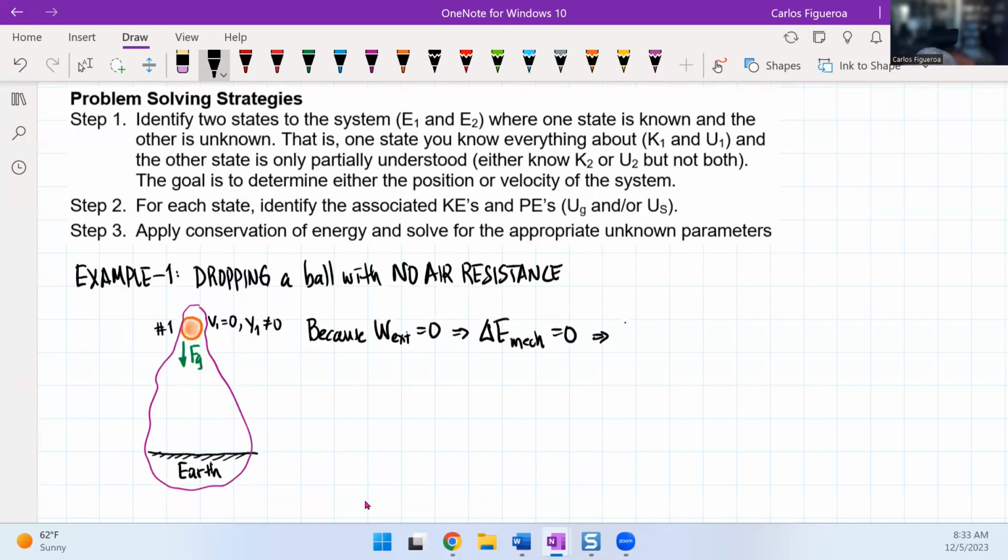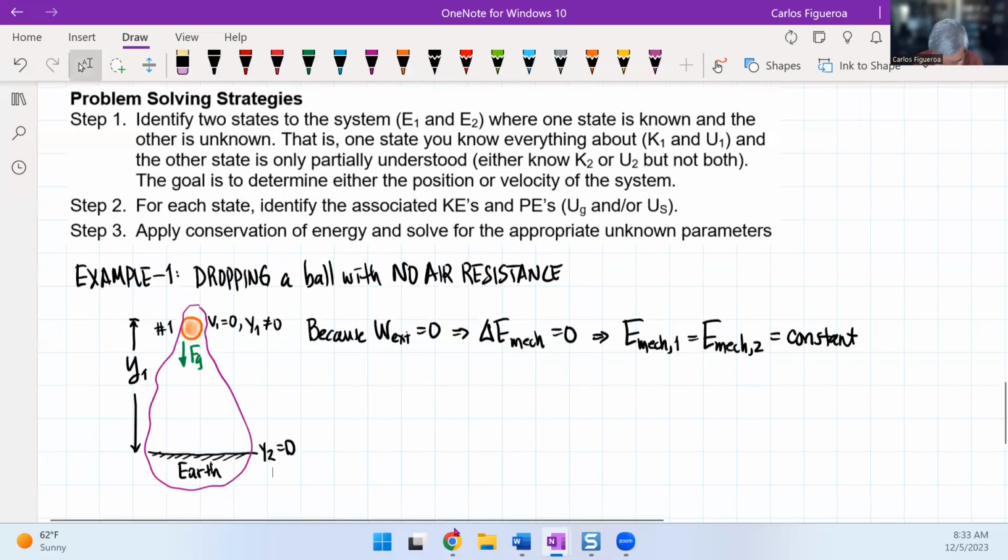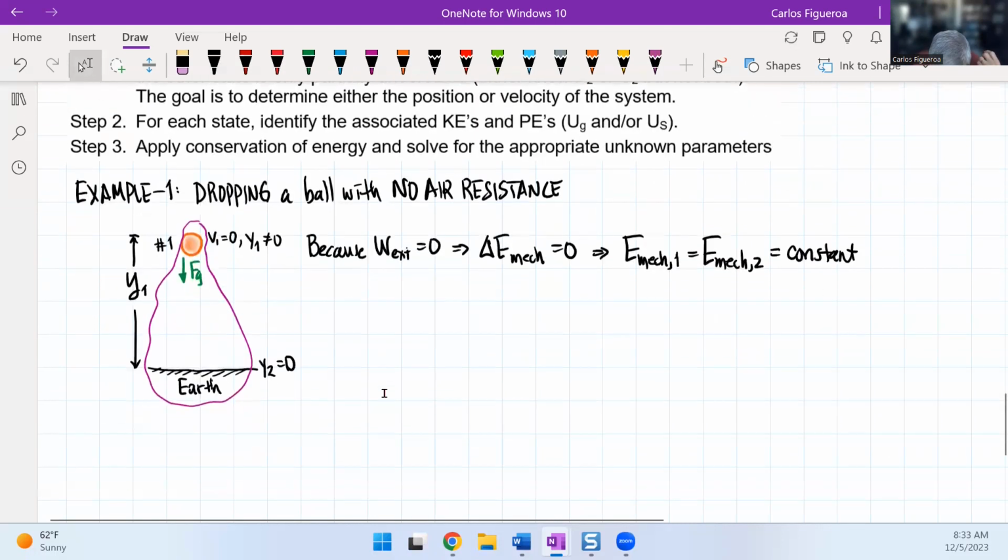Therefore, the mechanical energy at 1 must be the same as the mechanical energy at 2, and this has to remain a constant. Now, it starts at y1, and I'm going to define y2 to be 0, so I could then have two pictures.